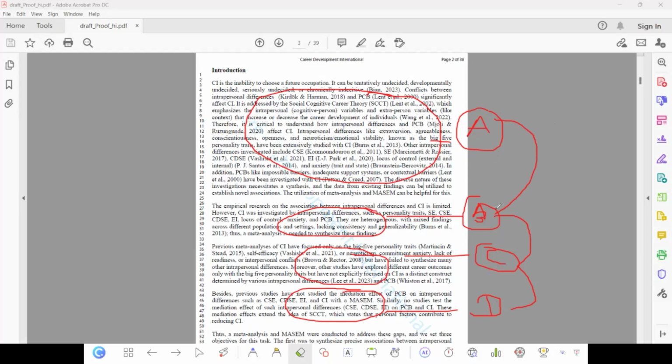And how are these paragraphs related? Whether A influences B, whether B influences C, whether C influences D, or whether D influences A. And simply understand the content by doing this kind of activity. That is organizing.